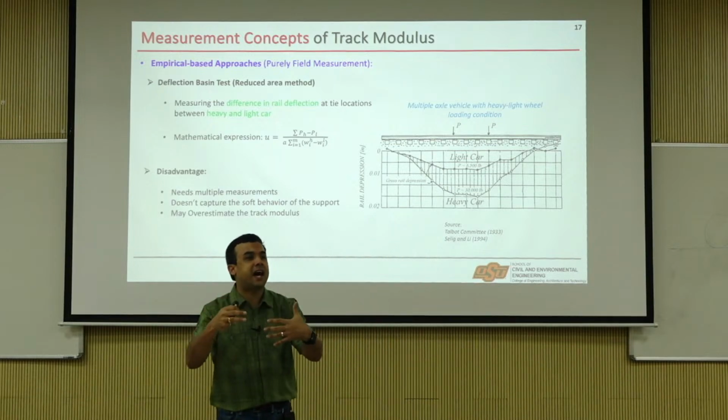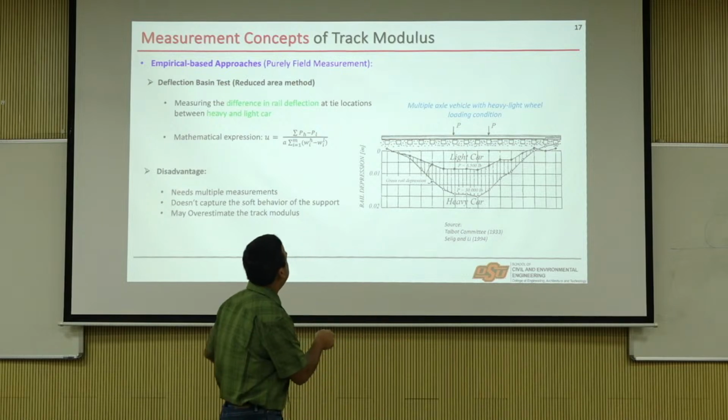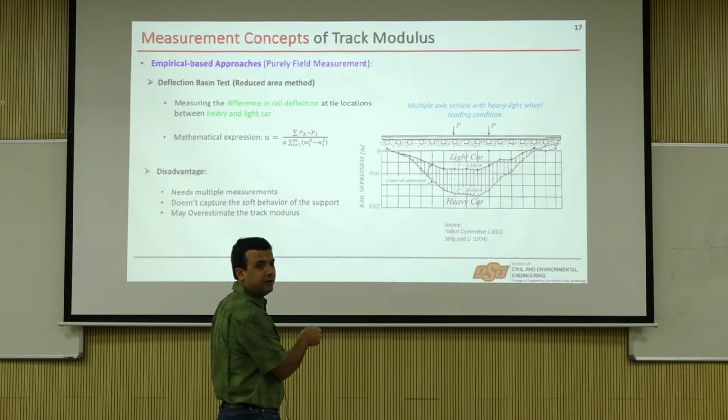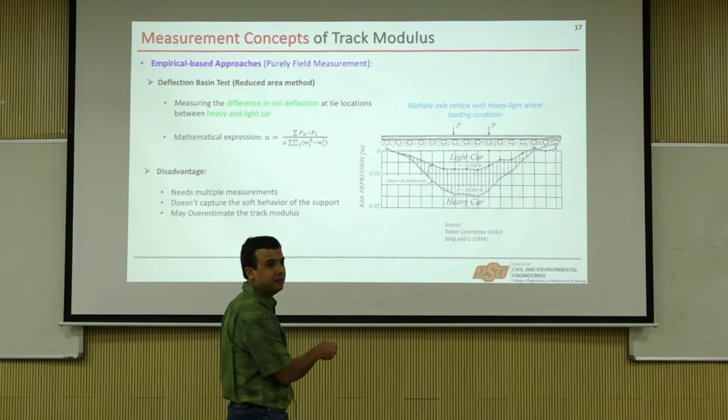So if you take a rail car, lightly loaded, like not loaded or maybe half full, and you load it, you have a deflection pattern, and then you fill it completely and measure another deflection pattern.